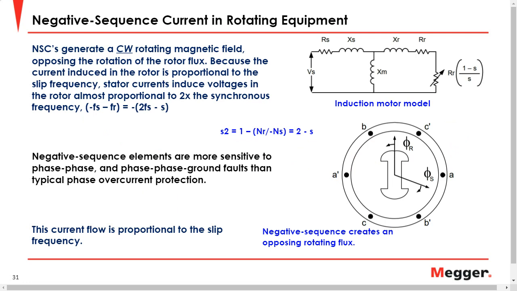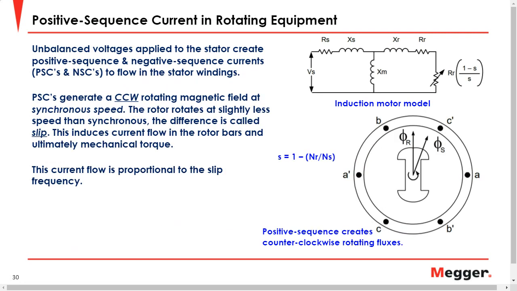Well, if we go to the previous slide in the presentation, we see that the current that circulates through the rotor in an ideal voltage system is directly proportional to the slip.